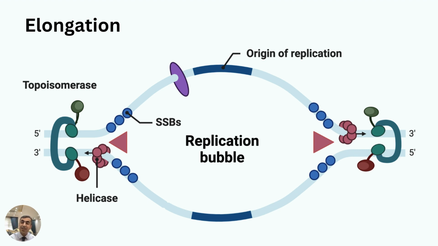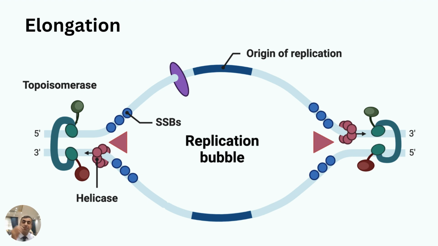Helicase breaks down the hydrogen bonds between guanine and cytosine, and adenine and thymine, and it produces two single-stranded DNA. Now, these separated strands want to rejoin, because they have free hydrogen bonds.